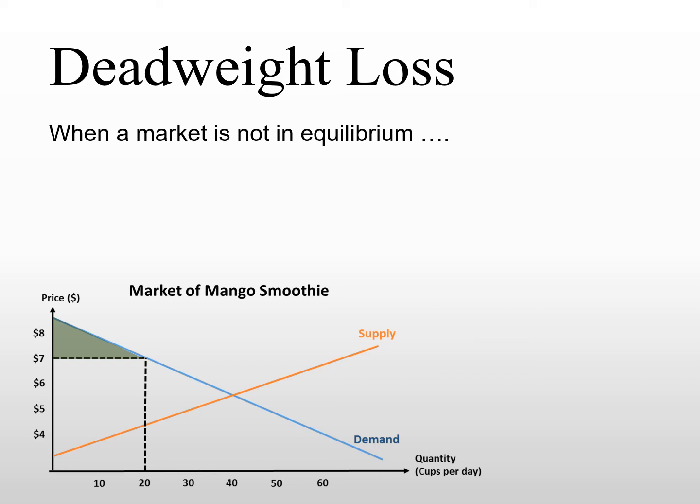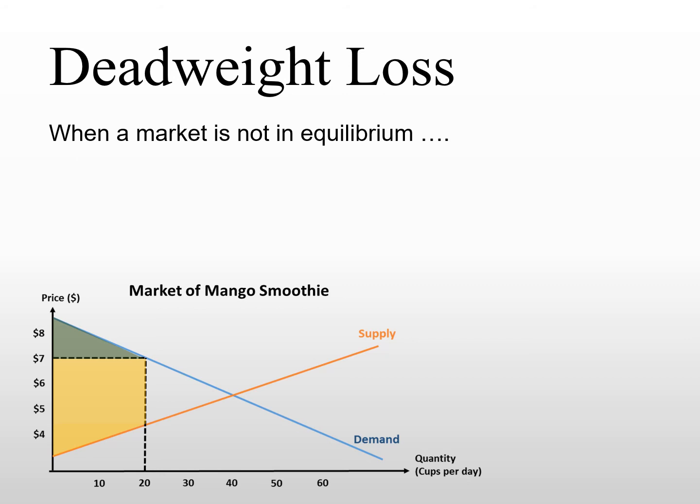Now, for the producer surplus, we are looking at any area above the supply curve and under the market price, which is $7, which is this yellow trapezoid. So we now have the consumer surplus and the producer surplus represented in the graph. We know people will not buy more than 20 units of mango smoothie in this market.